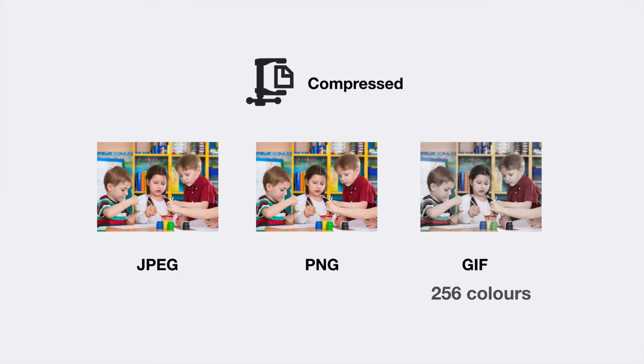As you can see, GIF has a little bit lower quality. The reason is that GIF supports only 256 colors. If you're using illustrations that don't require more than 256 colors, that would be okay. But if you're using any photos, then you don't want to use GIF.